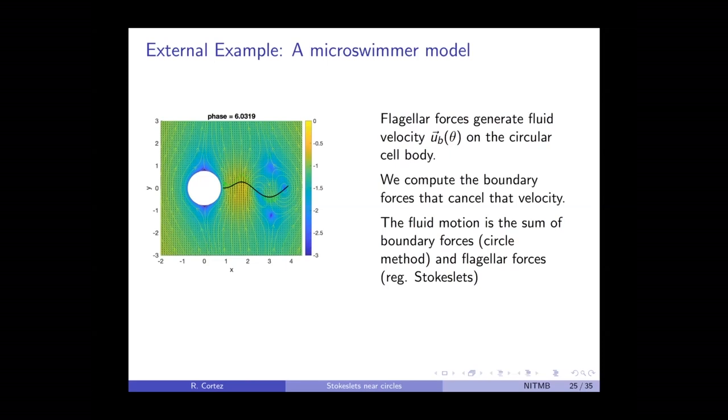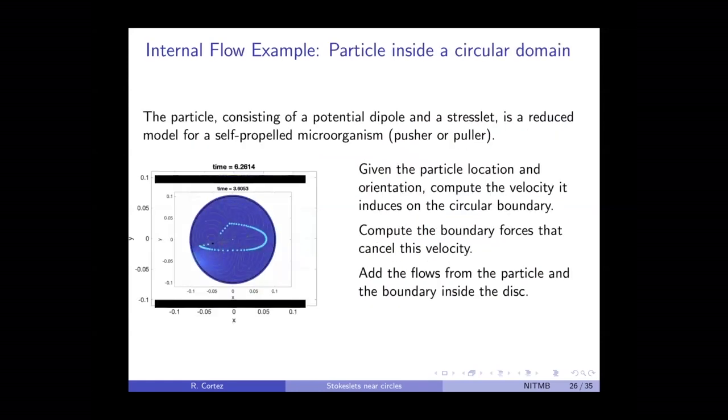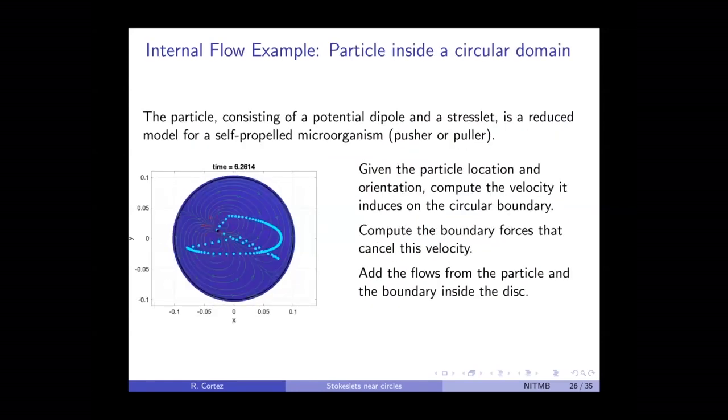Okay. I can also do something similar for internal flows. So this is, okay, that was fast. But this is just a simulation of a reduced model of an organism. So now we have an organism that's been reduced to a single dot with regularized forces. Actually, it comes from a regularized force dipole and something else.